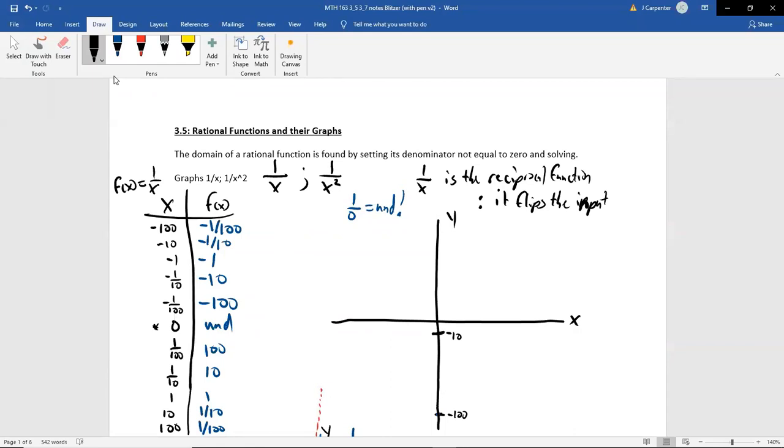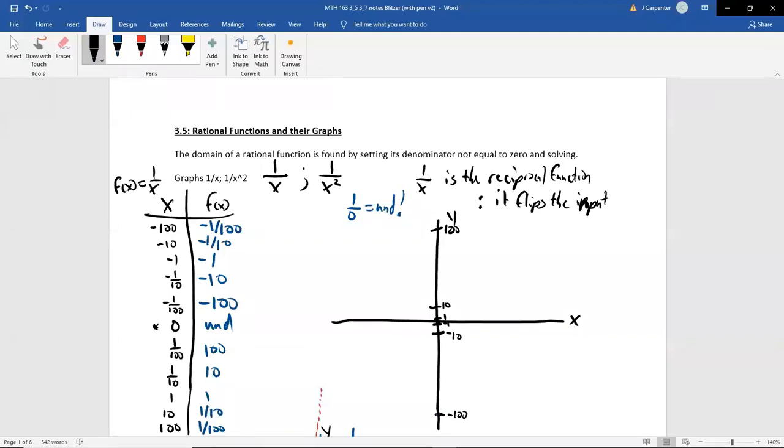Then I need to label negative 1, which is almost impossible for me to do. It's right there. Then I need to label the positive 1, which again is practically squeezing that axis. Then positive 10, and then positive 100 will be up here. And the x-axis, you'll have the same numbers being labeled, just they're not paired 100 with 100, 10 with 10.